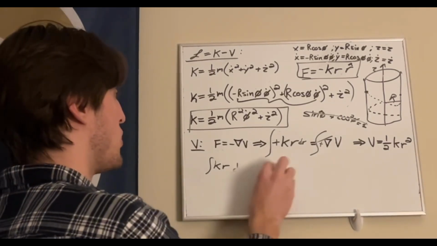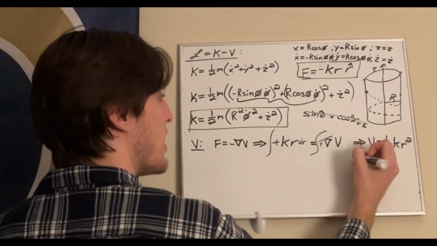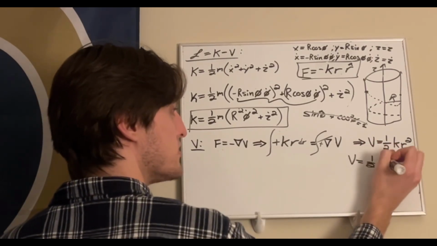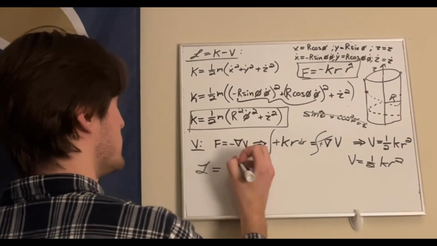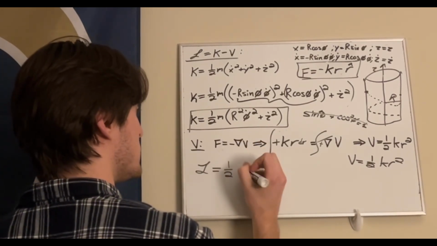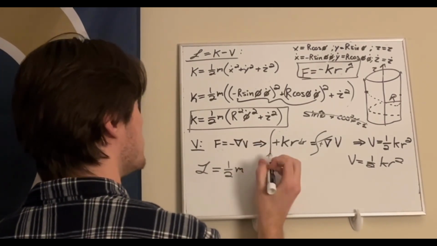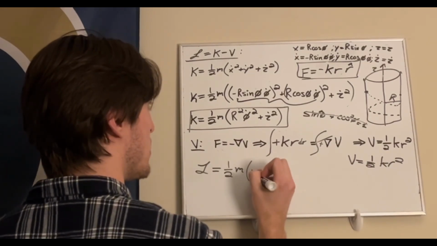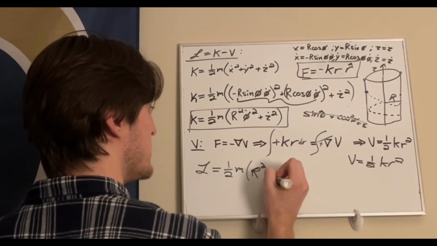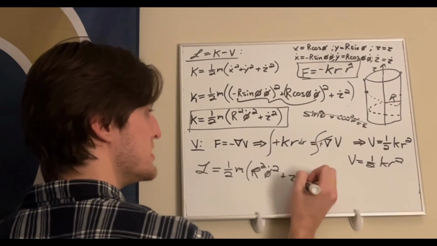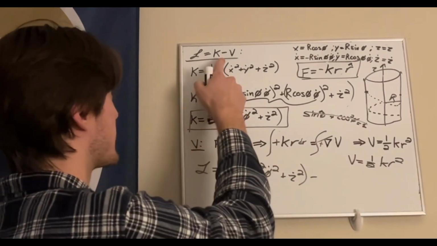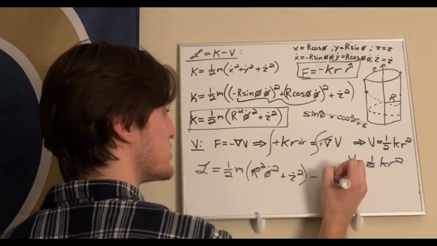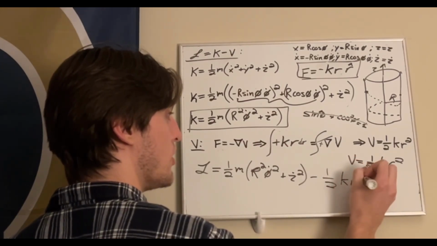Which means we can write the whole Lagrangian as 1/2 times m times r squared phi dot squared plus z dot squared, minus, because it's T minus V, 1/2 kr squared.